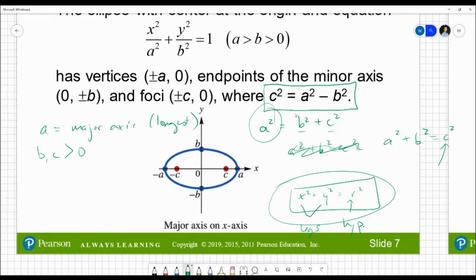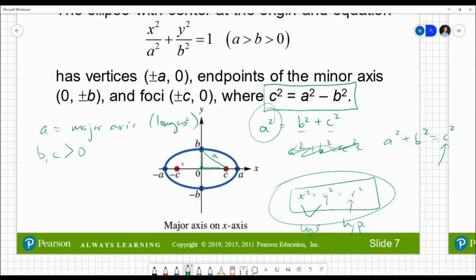Here, we do not deal with hypotenuse in that way. Here, we are dealing with this. So you take the triangle like so, you do like this. Okay? So this is from here to here, C, here is B. That means that this distance right here has to be A. Okay, and that is the relationship between A, B, and C for an ellipse.